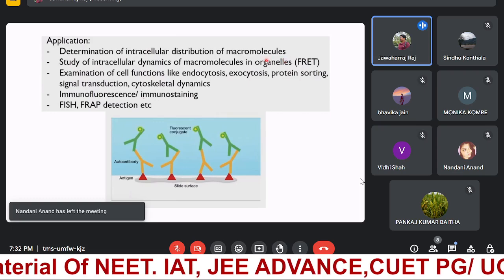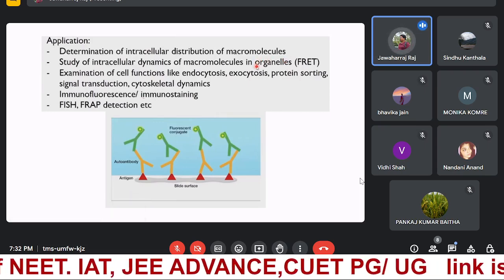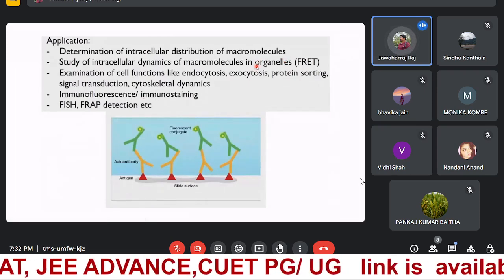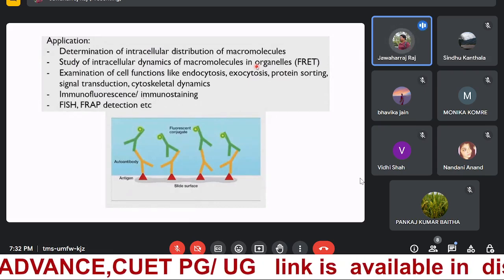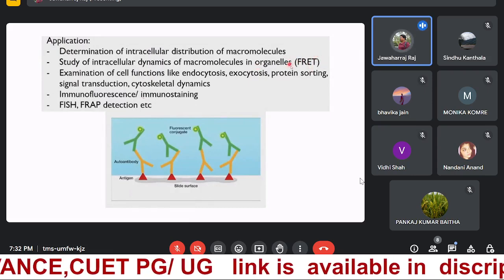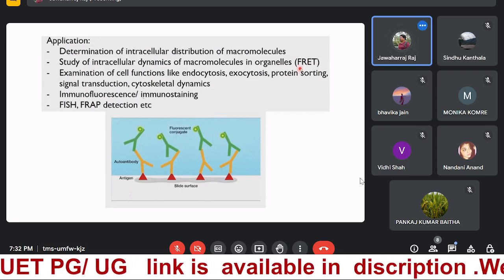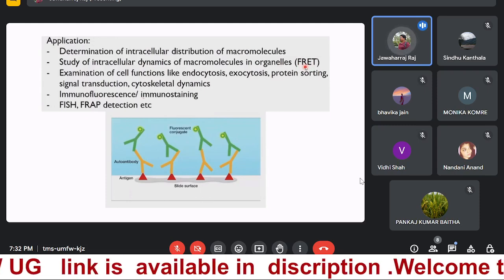There are so many organelles, membraneless organelles and membrane-bound organelles. Mitochondria will also move, and cytoskeleton elements will make some proteins move. All this can be studied by FRET. And what is FRET? It is resonance energy transfer. It deals with resonance.